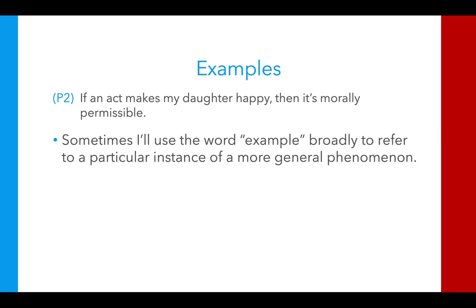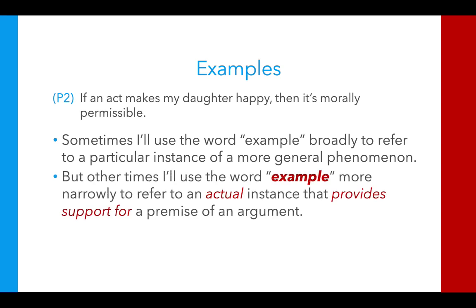Okay, so sometimes I'll use the word example broadly to just refer to a particular instance of a more general phenomenon. So, X is an example of Y. It's an instance of a general phenomenon. But when I'm using the word example here, I'm using it in maybe a more narrow sense to refer to something like an actual instance that provides support for a premise of an argument.